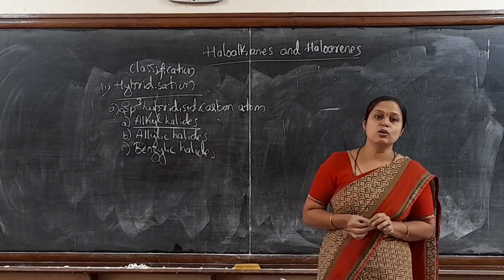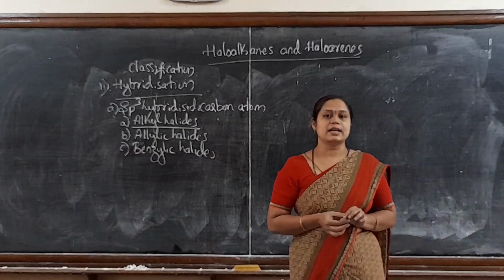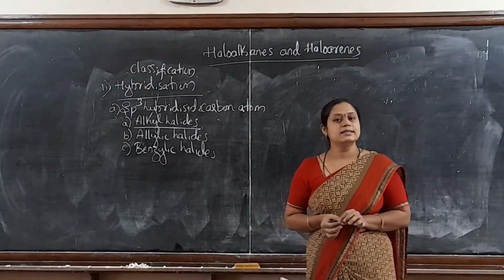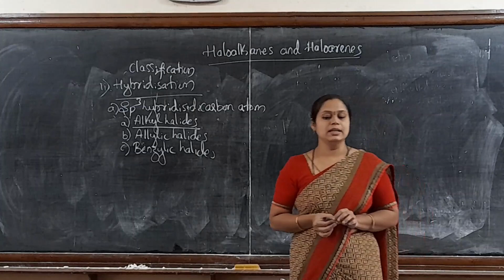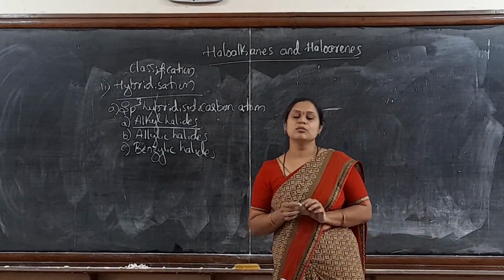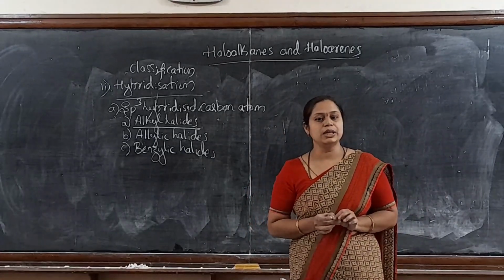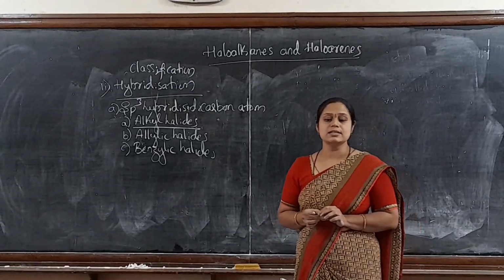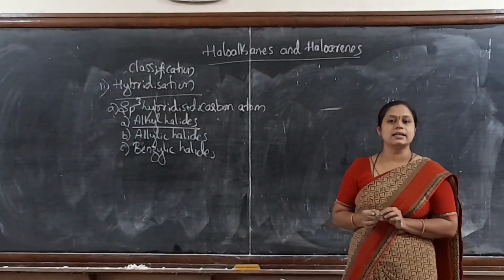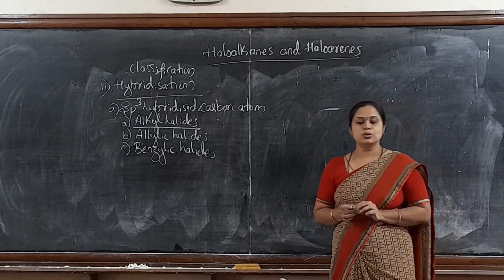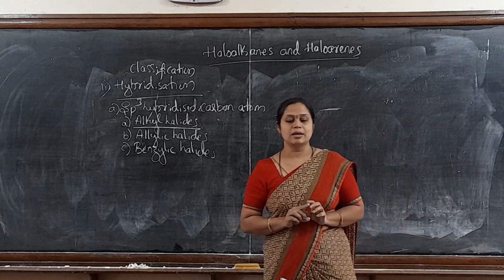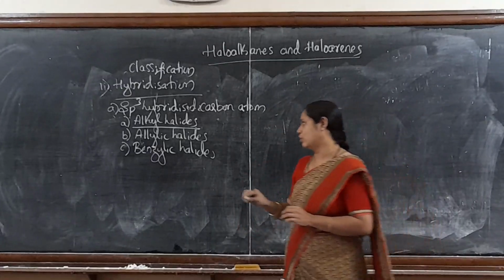Here the halogen atom is attached to the saturated carbon atom adjacent to the carbon containing the double bond.